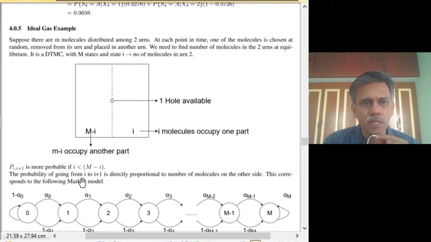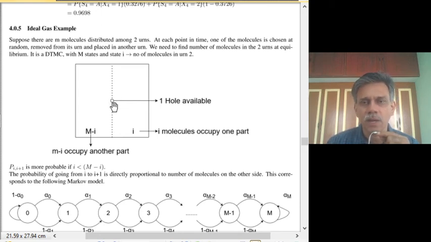The volume is being conceptually divided into two, and of course we can also have a physical division of this one with only a small hole through which there can be a diffusion, which means that molecules can go between one side of the partition to another side.